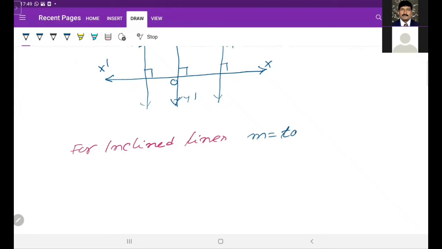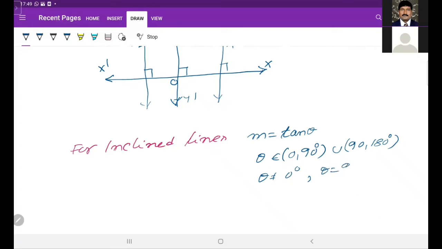Tan theta, where theta belongs to 0 to 90 union 90 to 180 degrees. Okay. So here theta is not equal to 0 degrees because that would be a horizontal line.